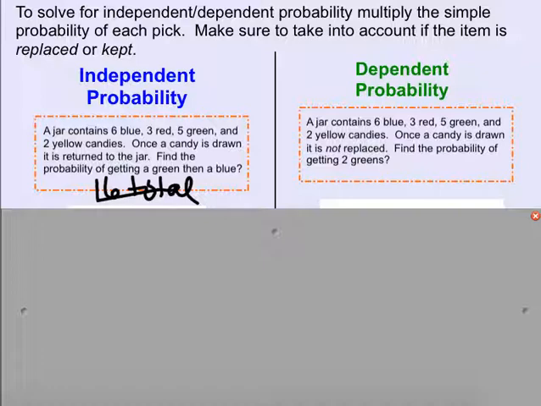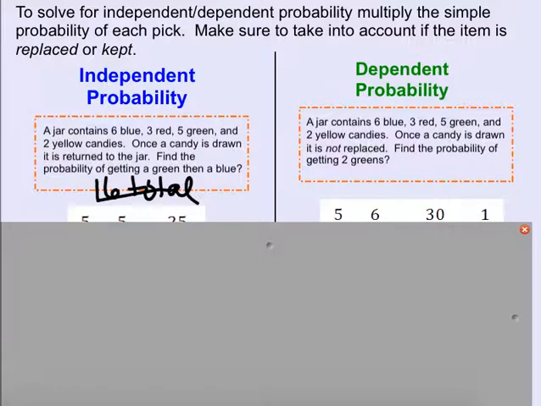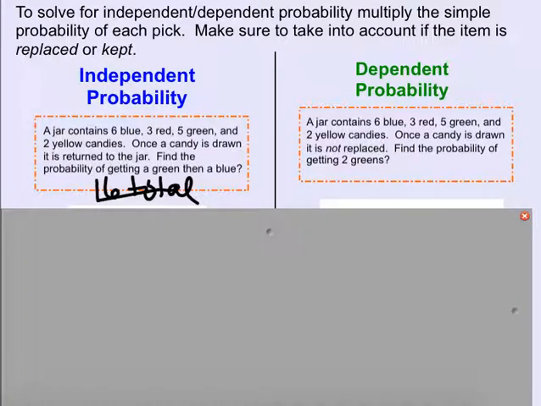So the probability of getting the green is 5 out of 16. And then we multiply by the probability of getting the blue, which is 6 out of 16. The only simplifying we can do is here we have 3 and 8, so we get 15 out of 128. That would be the independent probability.